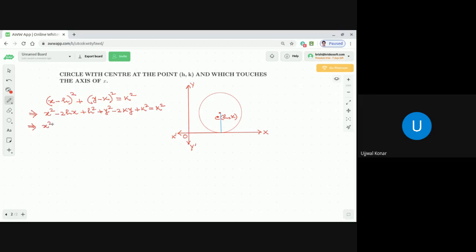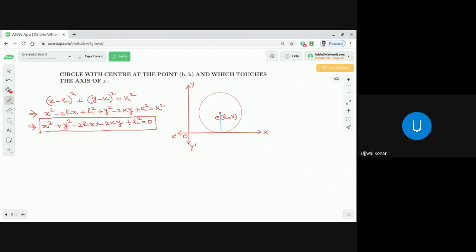So what equation do we get, dear students? x square plus y square minus 2 into h into x minus 2 into k into y plus h square is equal to 0. This is the equation of the required circle, which has center at h comma k and touches the x-axis. I hope it is clearly understood.